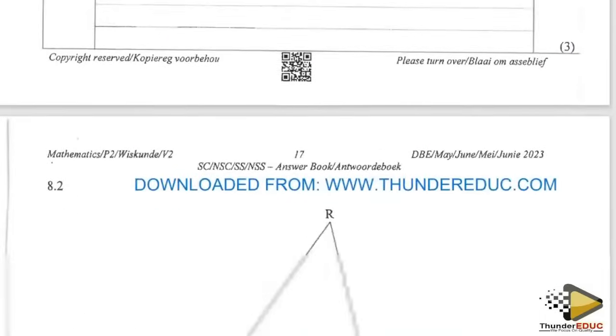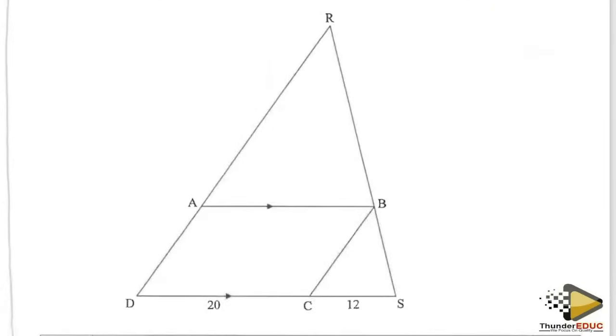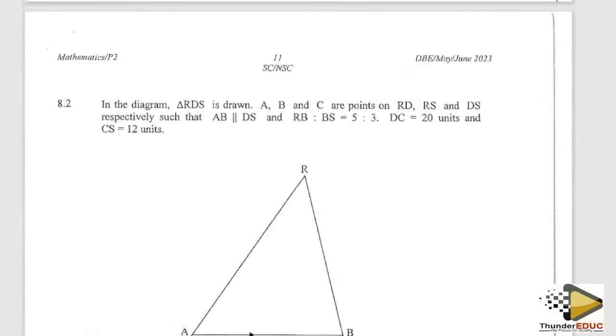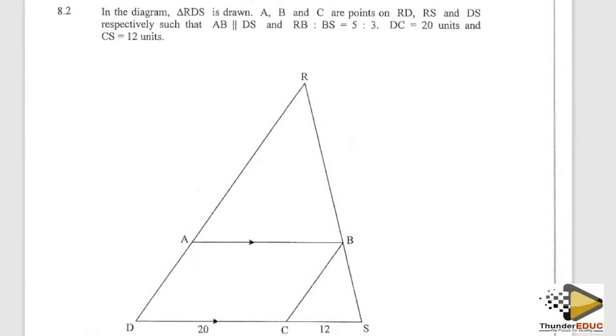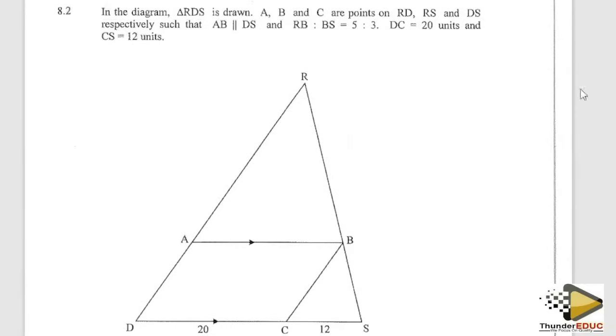All right, then 8.2. They're telling us that the diagram RDS is drawn. A, B, and C are points on RD such that that and that and that.